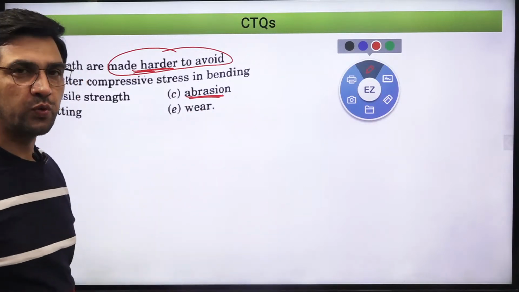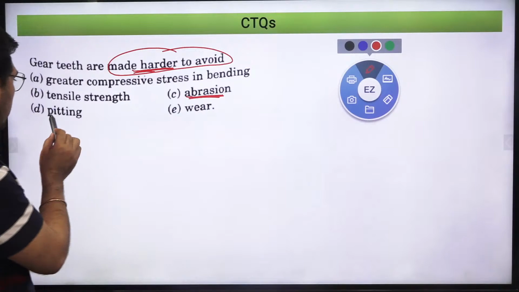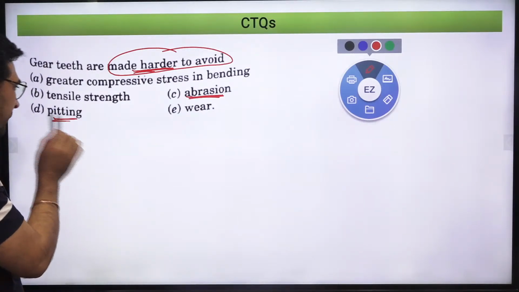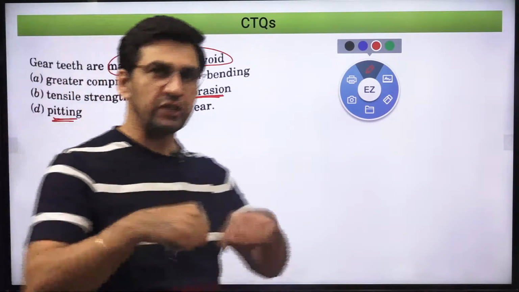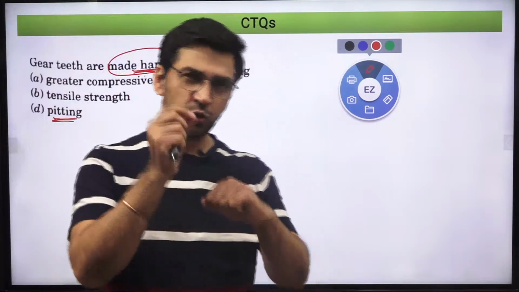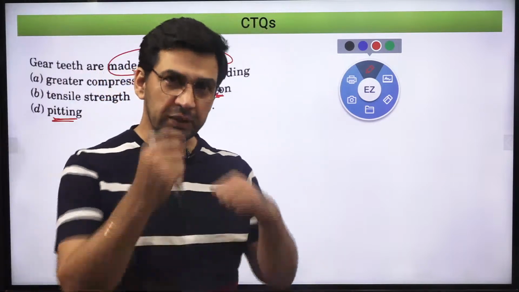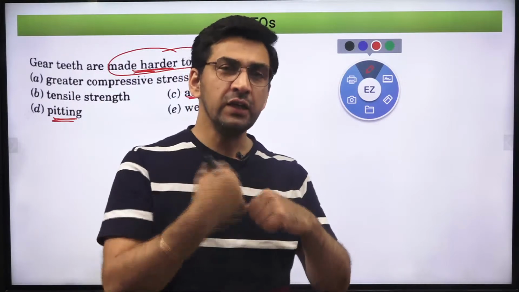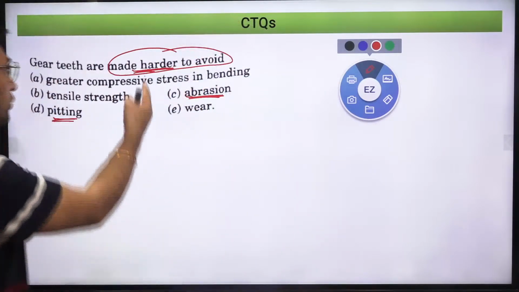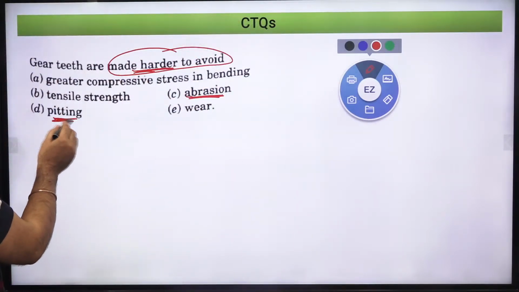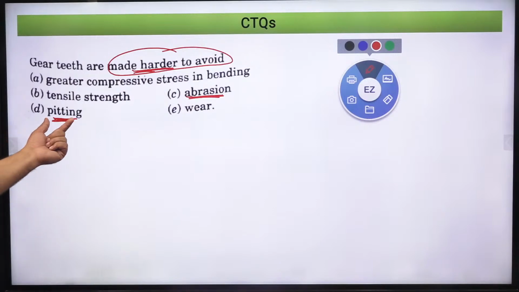Of course, it is improving the abrasion resistance. Is it increasing the pitting resistance? Pitting means surface fatigue failure in the form of pits, minute pits that will be created after the surface fatigue failure takes place. If you make it harder, are you avoiding the pitting failure? Obviously, you are going to avoid the pitting failure.